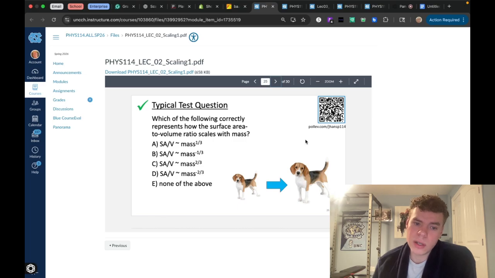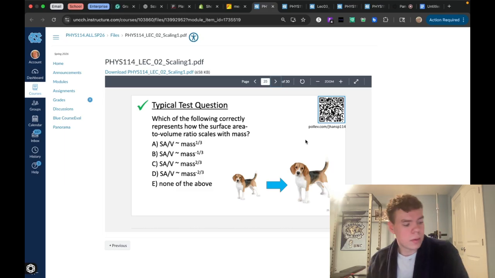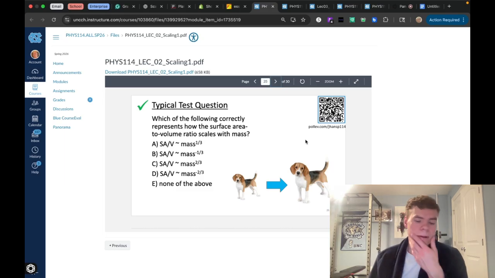So if surface area divided by volume is equal to size to the -1, and mass is equal to size to the third power, all right, how could we rewrite this?